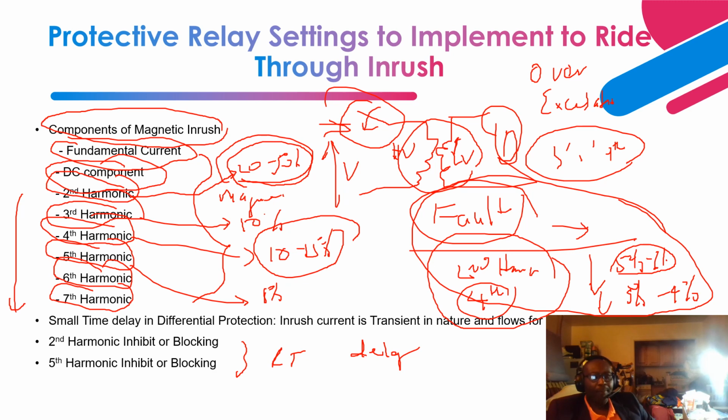But what you can do is add a little bit, let's say 0.01 seconds, to the differential settings to allow the inrush current to subside, because it's a transient current, and it subsides in a very short time.